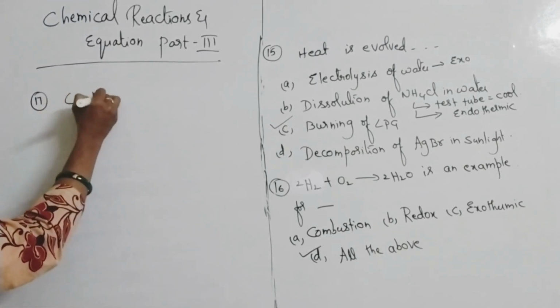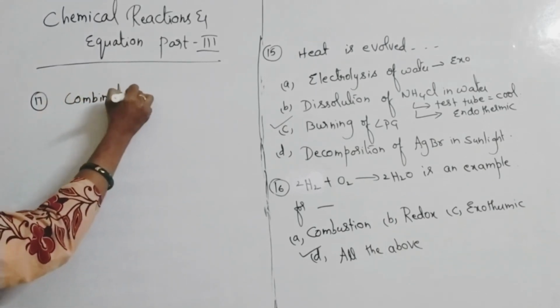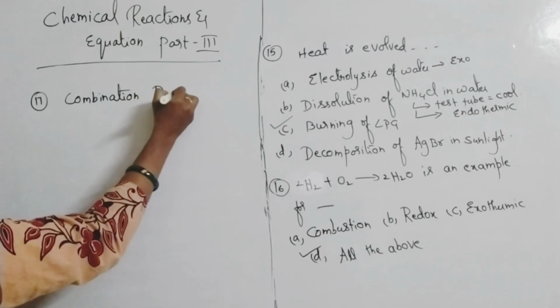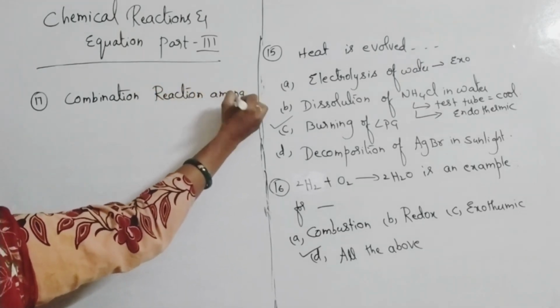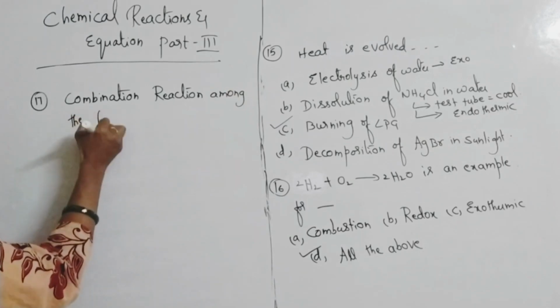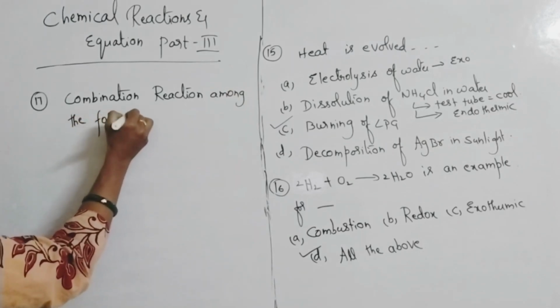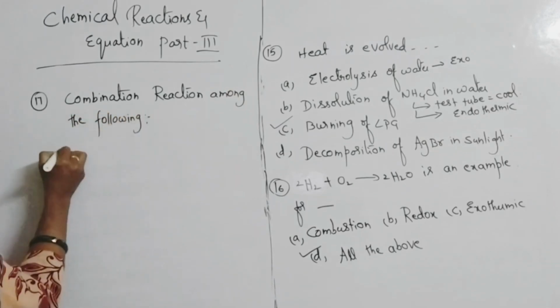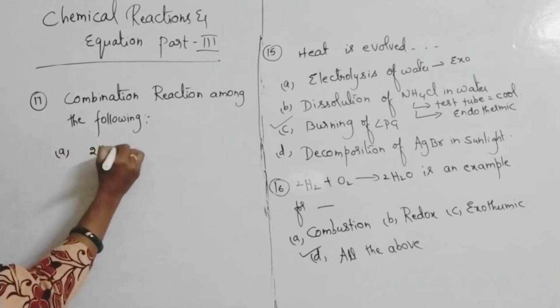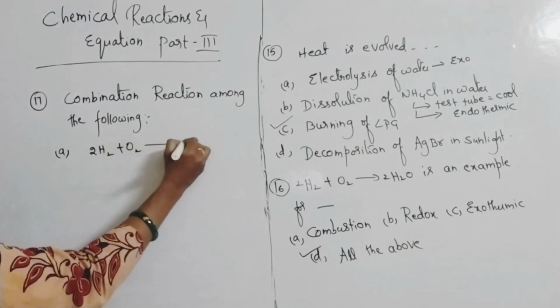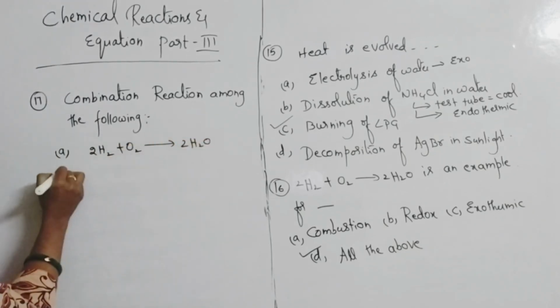You have to identify the combination reaction among the following. So what are the options given to you? Option A: 2H2 plus O2 gives rise to 2H2O.